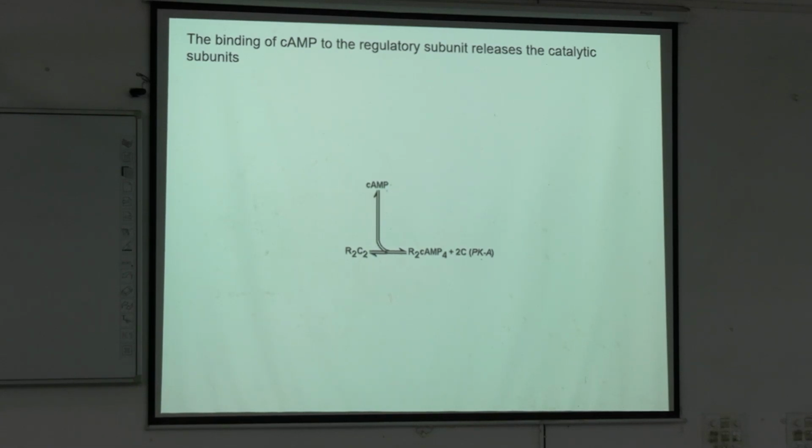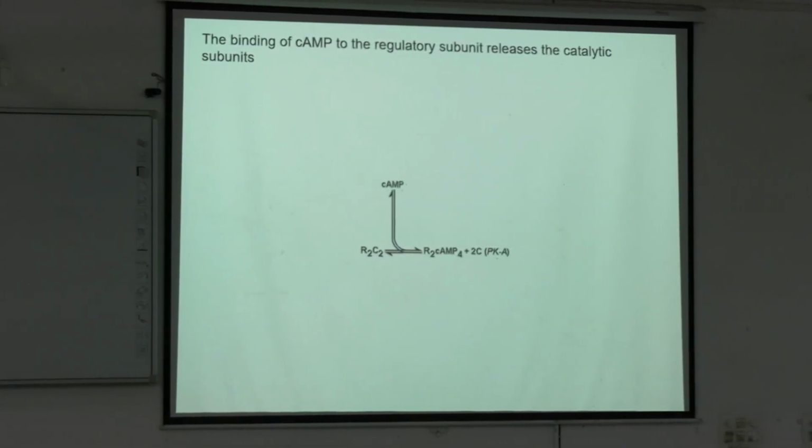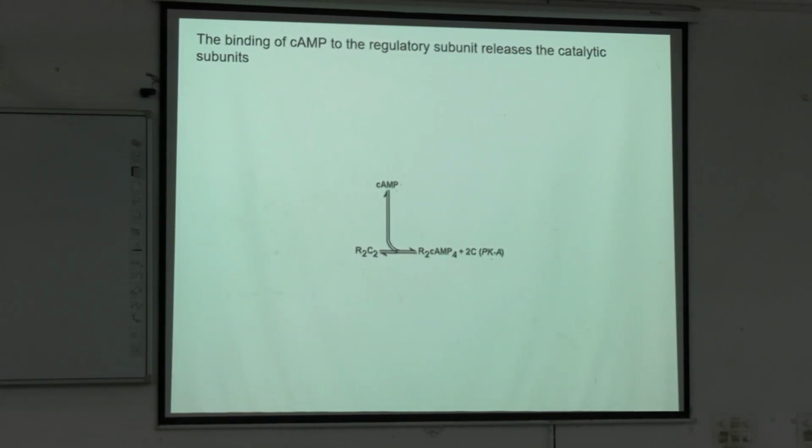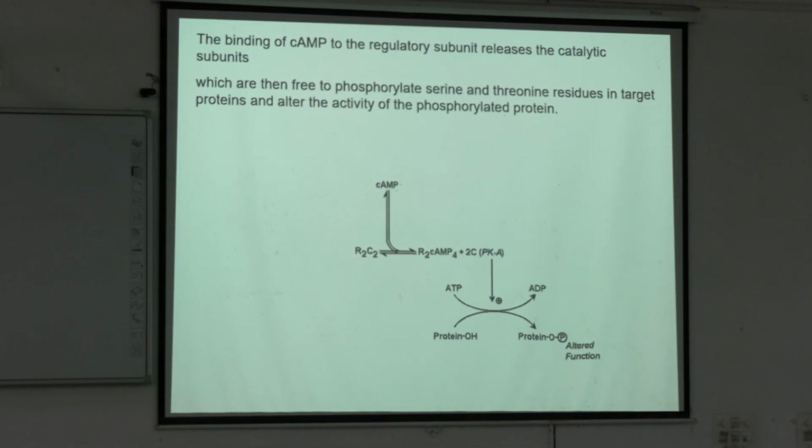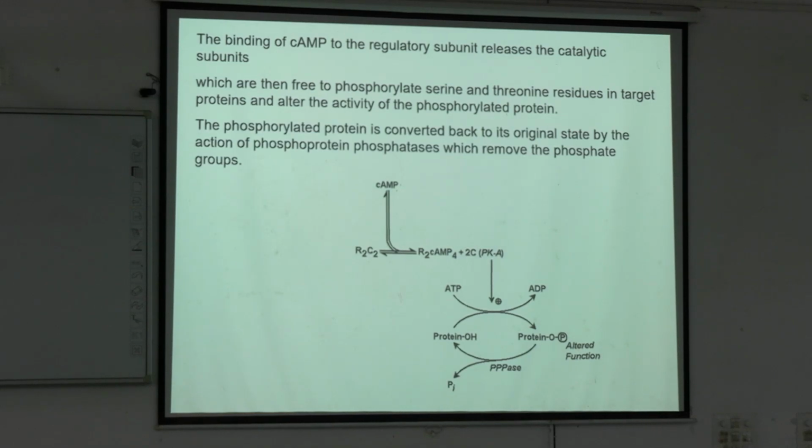Now they are active and can phosphorylate other effector proteins. Say this protein is getting phosphorylated to a phosphorylated product in the presence of ATP, and the enzyme is protein kinase A. Phosphodiesterase inhibits the production of the phosphorylated protein product.